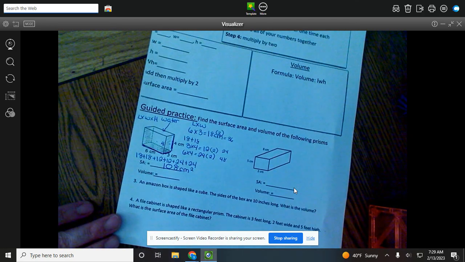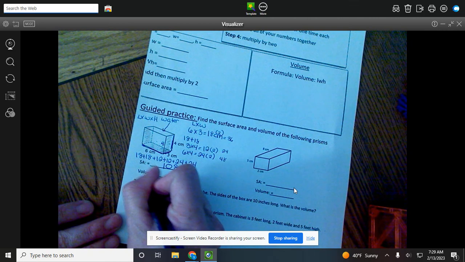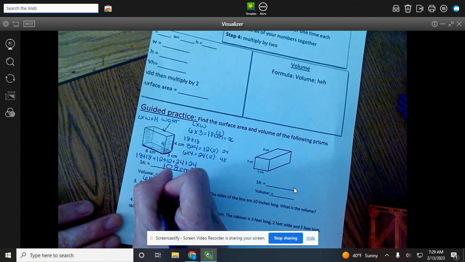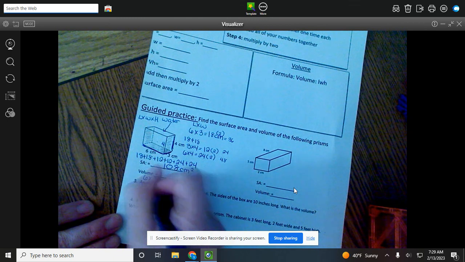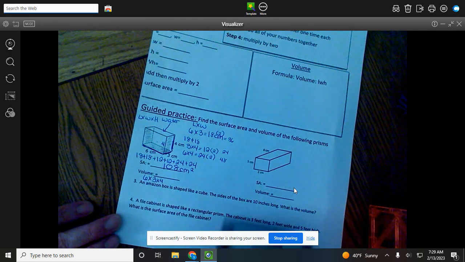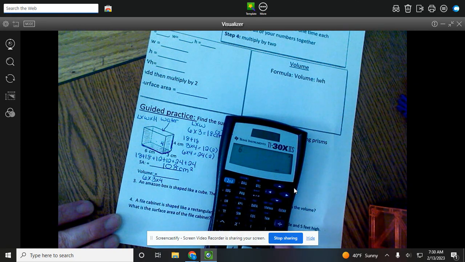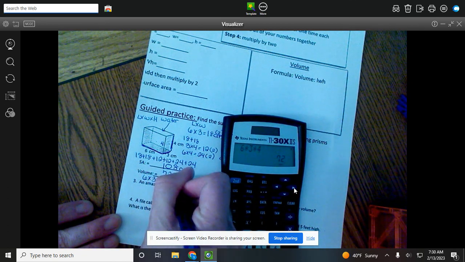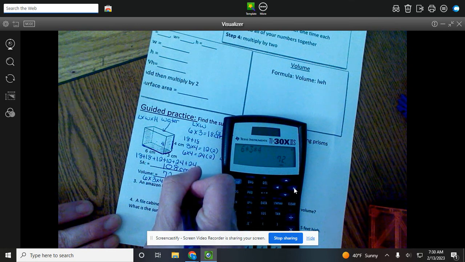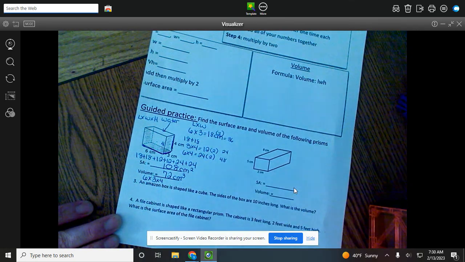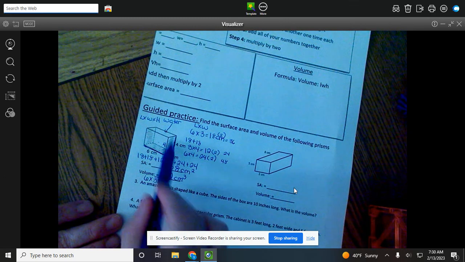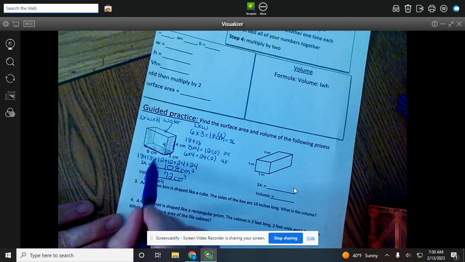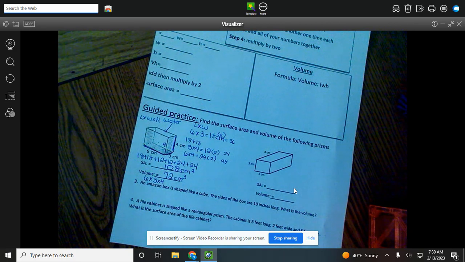So we're going to do 6 times 3 times 4, and that gives you 72, and that's going to be centimeters cubed. And that is the surface area as well as the volume of a rectangular prism.